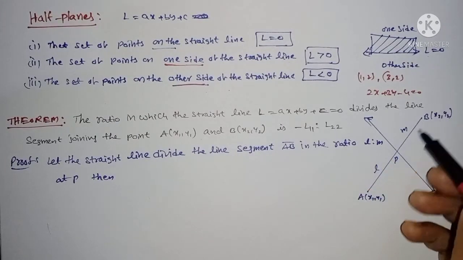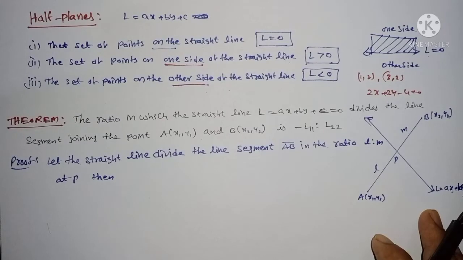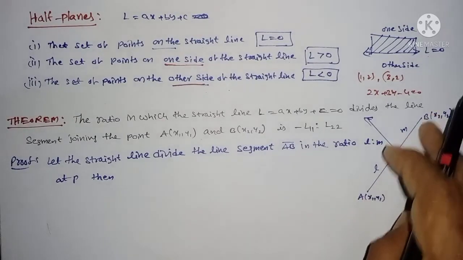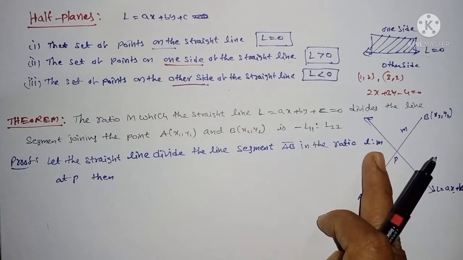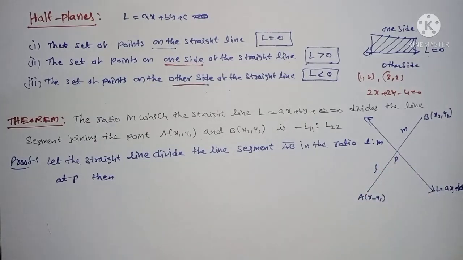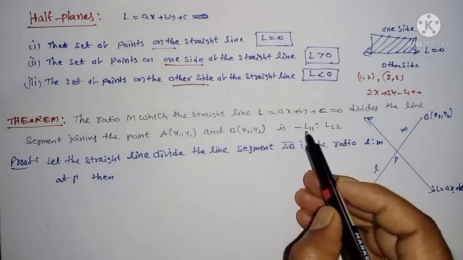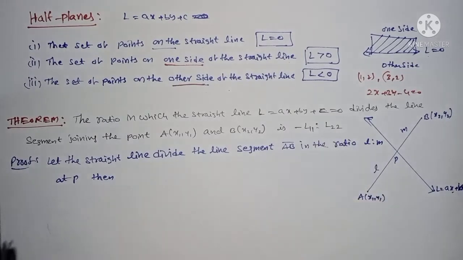AB is the segment between the two points, and L is the given equation. The line segment is divided in the ratio l is to m, and you have to prove l is to m is equal to minus L11 is to L22. How can you prove that?